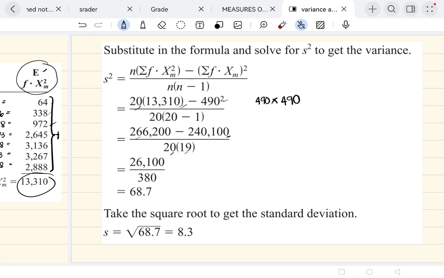Then we subtract: 266,200 minus 240,100 is 26,100, divided by 20 times 19, that is 380. So 26,100 divided by 380 is 68.7.